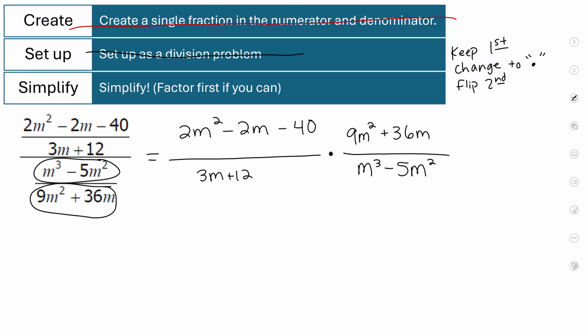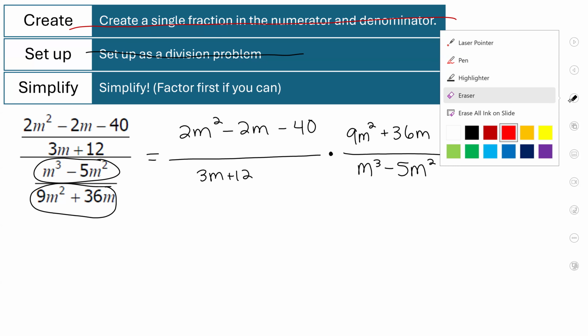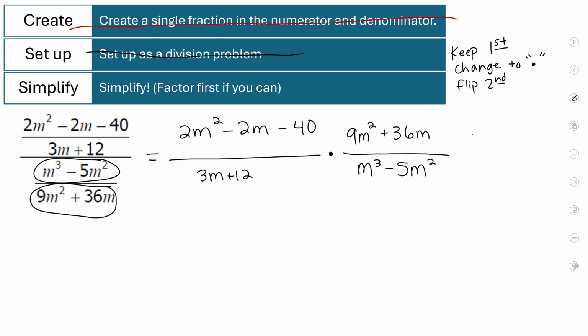Now we're going to simplify this. And of course, you're going to factor first if you can. You can't just start canceling things out. So I'm going to go ahead and factor this one. What can all of these be divided by? A 2. So all of these can be divided by 2. So this can actually be written as 2 times m squared minus m minus 20.